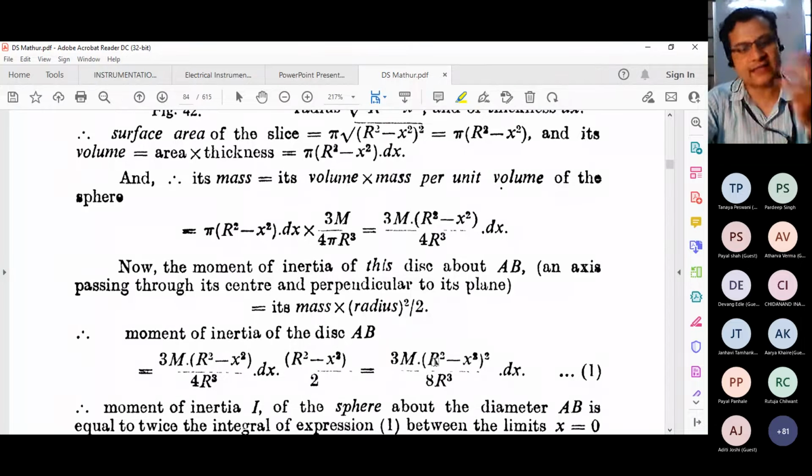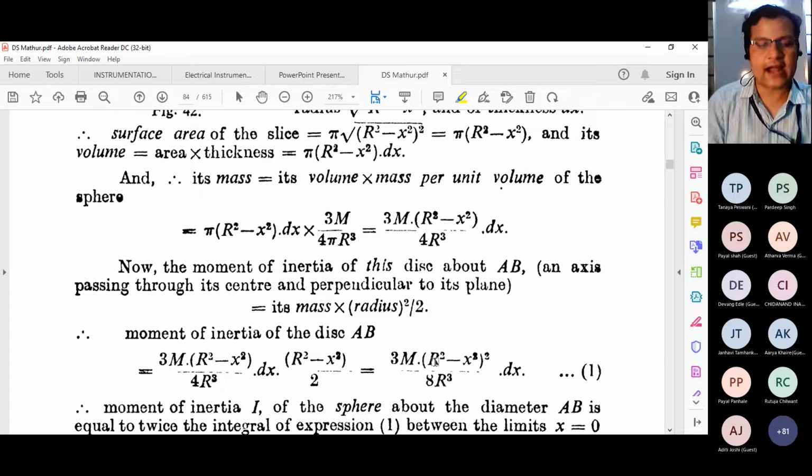Now you can ask why it is half of mr square. Because this is not like a ring in a thin spherical shell; it is a complete homogeneous body. We know the moment of inertia of a disc about the axis through the center and perpendicular to its plane is half of mass into radius square. Which radius?